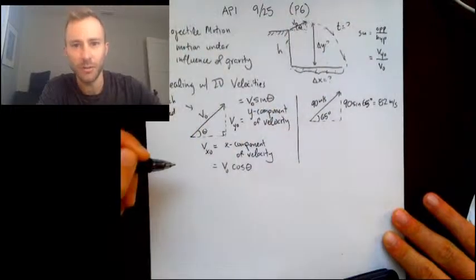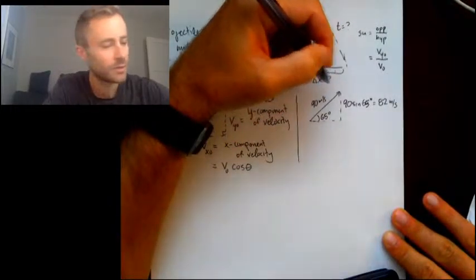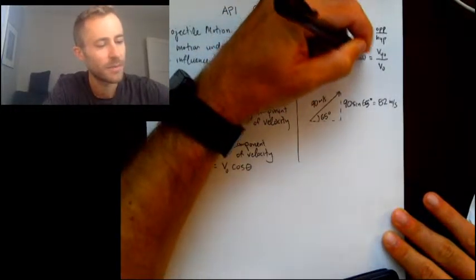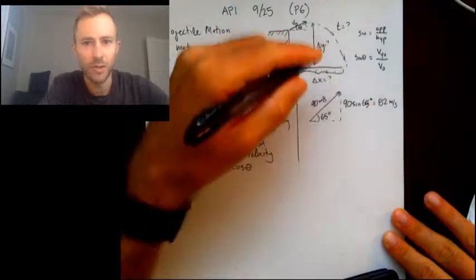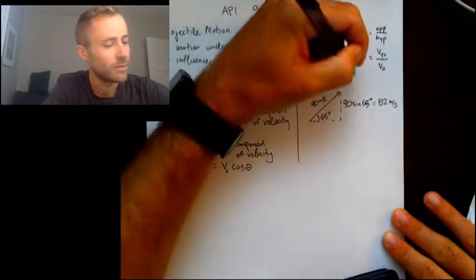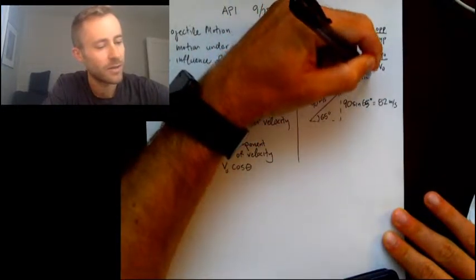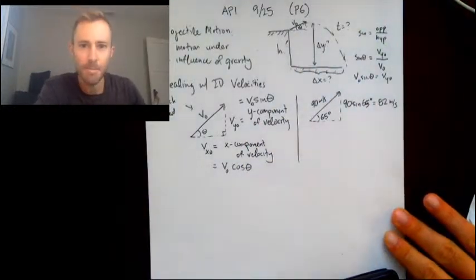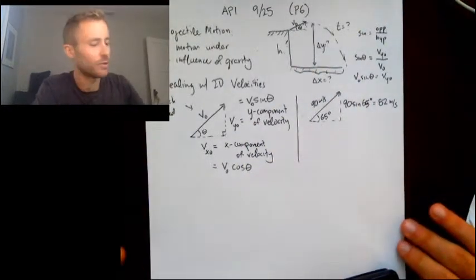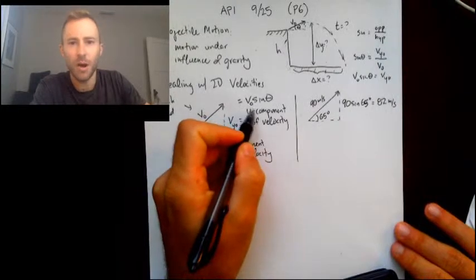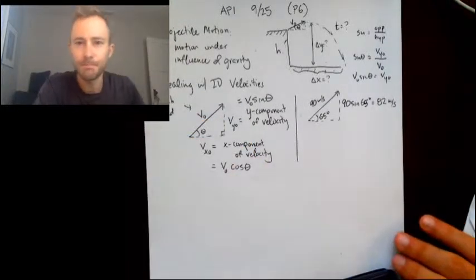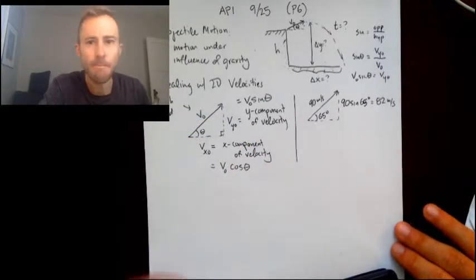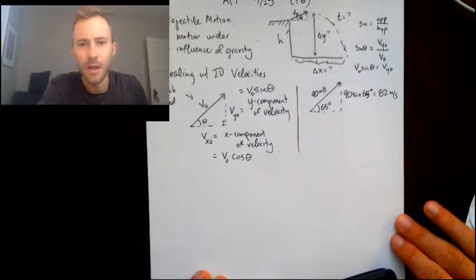So Vy naught over V naught equals sine of theta. Then you multiply both sides by V naught, and you get V naught sine of theta equals Vy naught. So basically that's the hypotenuse that you're multiplying through. Okay. That's a good question.